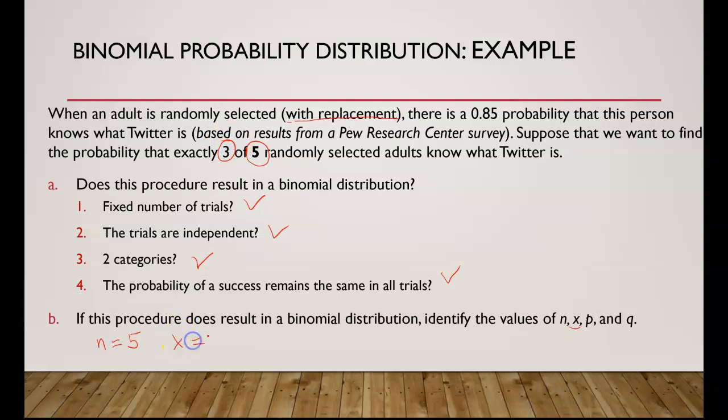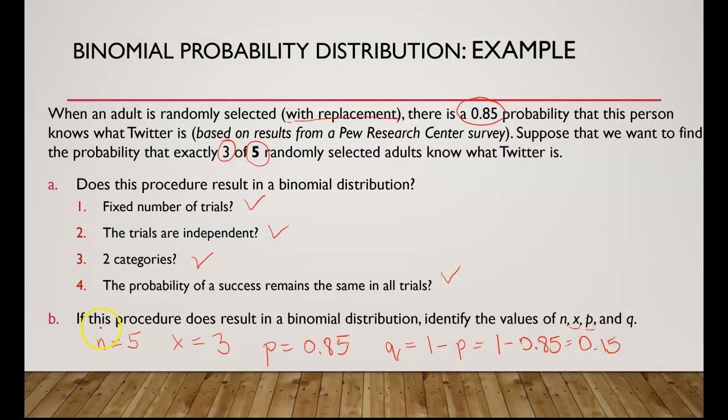So x equals 3. p, the probability of success, is the probability that the person knows what Twitter is: 0.85. And q, remember, is the complement of p, so it equals 1 minus p. 1 minus 0.85 is 0.15.